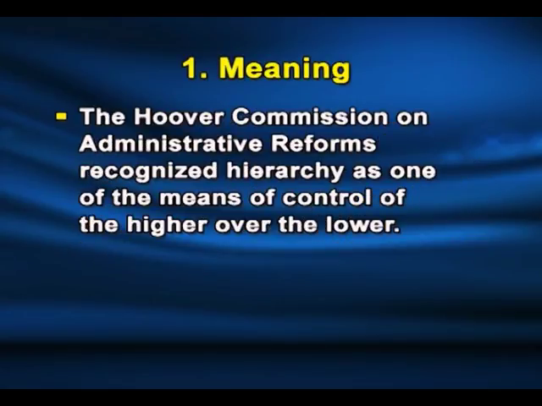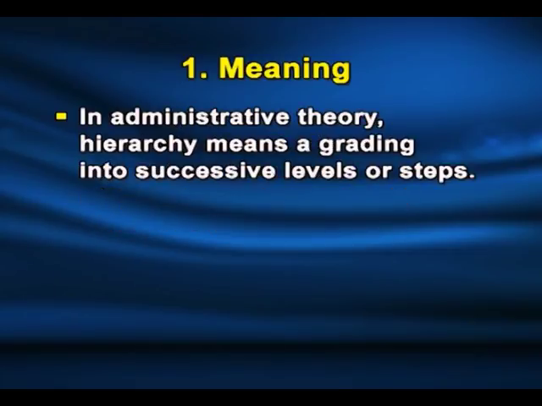The Hoover Commission on Administrative Reforms recognized hierarchy as one of the means of control of the higher over the lower. In administrative theory, hierarchy means a grading into successive levels or steps.